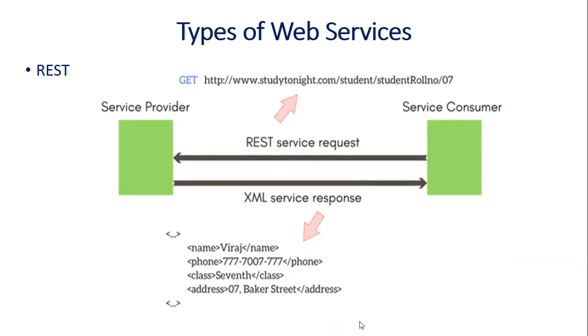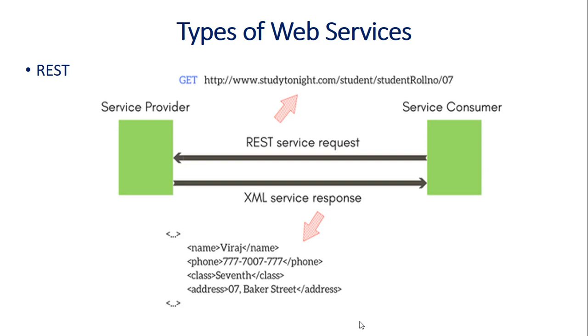REST locates the resources by using the URL and it depends on the type of transport protocol method like get, put, post, delete, etc. with the help of HTTP for the actions to be performed on the resources. It is more of an architectural style and conventions based.